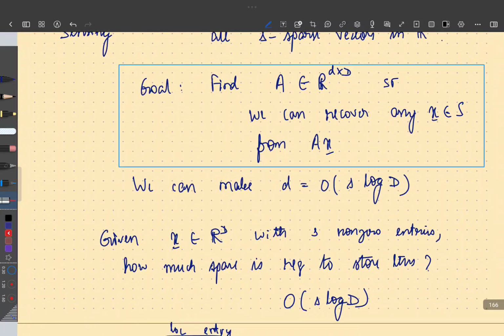I won't prove everything, but I'll give a sketch or an outline of how you can prove this. In fact, you've already seen much of the tools. It boils down to using some concentration inequalities, and there are a lot of elements of the proof that we used to prove the Johnson-Lindenstrauss lemma. In some sense, the ideas are very, very similar.